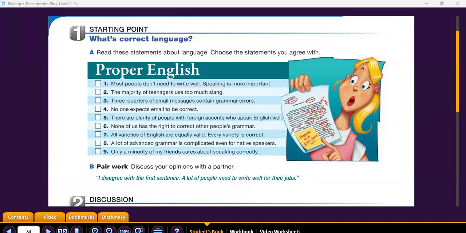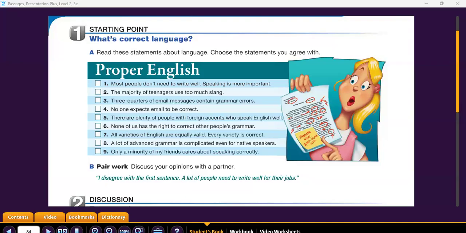Yeah, they don't even know sometimes. Sometimes English learners know more about the grammar than native speakers. They speak, but they don't know the rules, and we know the names of the grammar rules. So advanced grammar can be complicated even for native speakers.